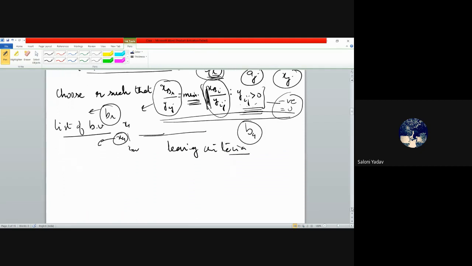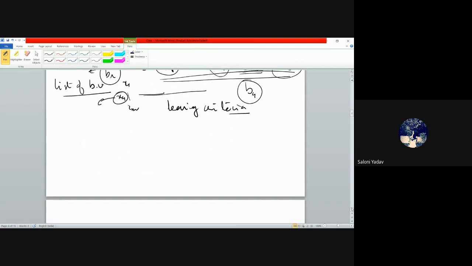Okay. Now, once we have chosen in such a manner, my basic solution, whatever xB cap that we have got, will be a basic feasible solution now. Why? Because if I choose my R in such a manner, my xBi upon, the way we have defined, will be more than or equal to 0.